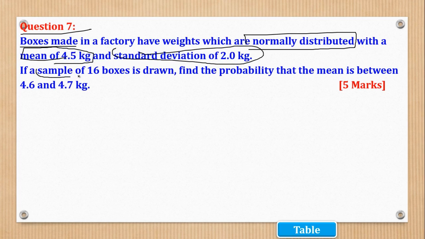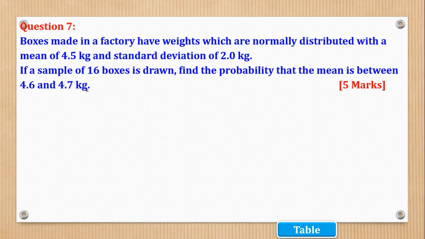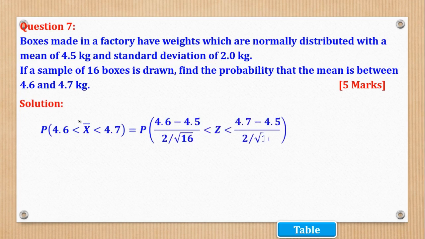If a sample of 16 boxes is drawn, find the probability that the mean is between, so note this word, mean is between 4.6 and 4.7 kilograms. So for the mean, we put a bar here. I think you realize here there is a bar, so don't forget that. So between, it means this mean is greater than this but less than that.